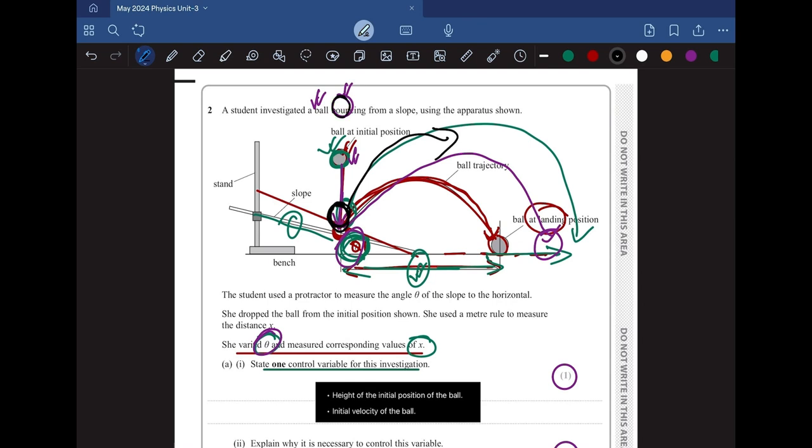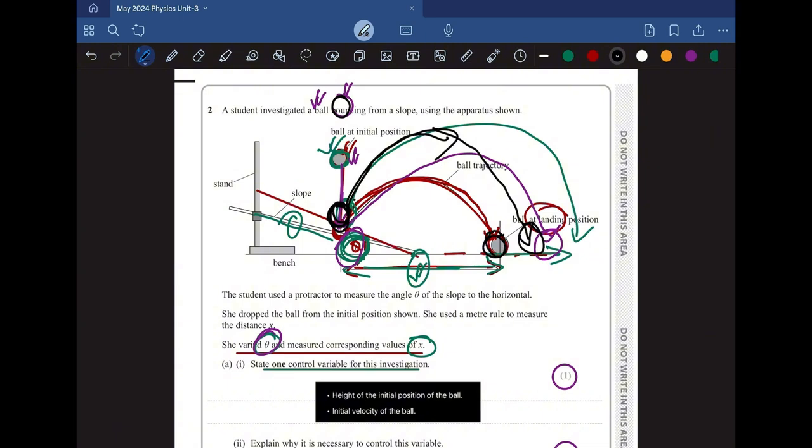If it has a greater gravitational potential energy right here, while bouncing from the slope, it will have a greater kinetic energy. So the probability of it landing farthest from this position is greatest.